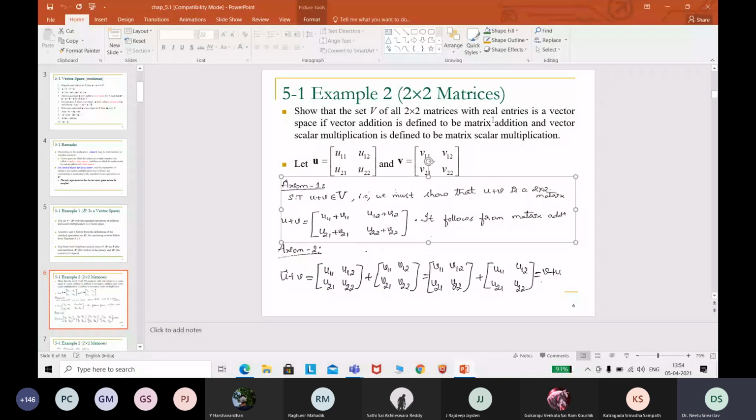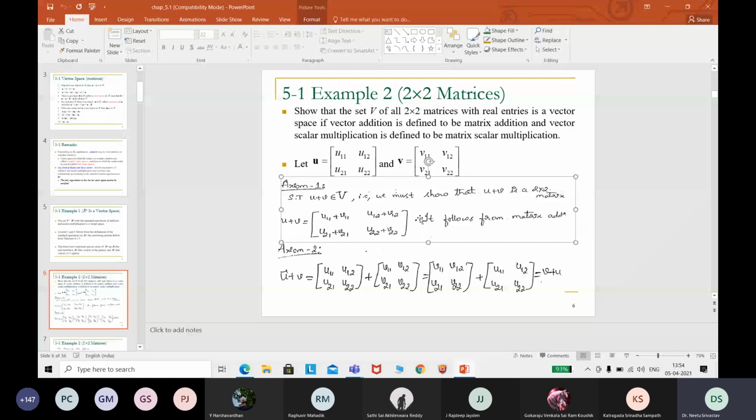We are getting all 4 entries, and these are all real in nature, correct? So U plus V also belongs to capital V only. Why? Because the entries here are all real and it is a 2 cross 2 matrix. So when you are adding U plus V, any arbitrary element, you will get a 2 cross 2 matrix and it belongs to capital V, correct?